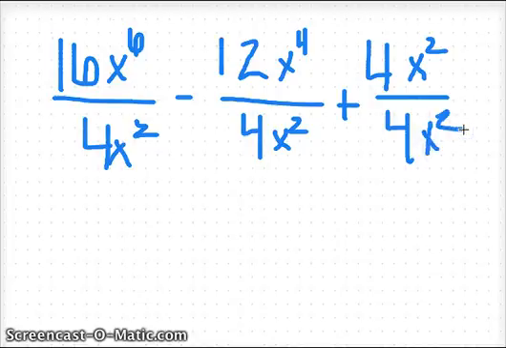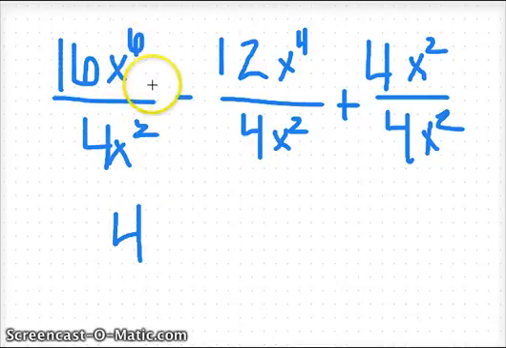Okay, so the polynomial on the top has three terms, and the answer has to have three terms. So 16 divided by 4 is going to be 4. And also, as in the previous steps, you have to subtract the exponents.